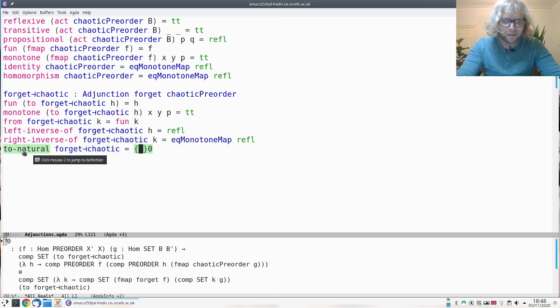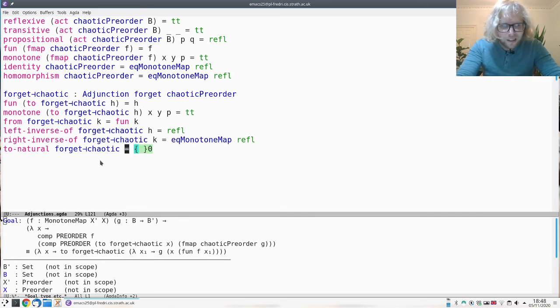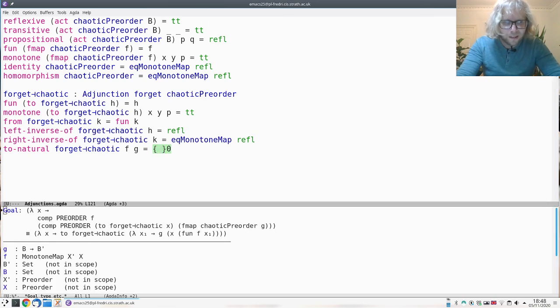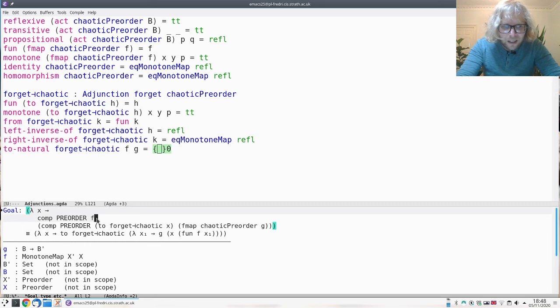And finally, we have to show that this is natural. So it doesn't matter if we first go across and then compose, or if we first compose and then go across, right? So let's see what we have to prove here. We're given an f and a g to compose with. Okay, and we have to show that this is first going across and then composing, I think, and this is the other way around. Well, so it's proving equality of two functions in set, right?